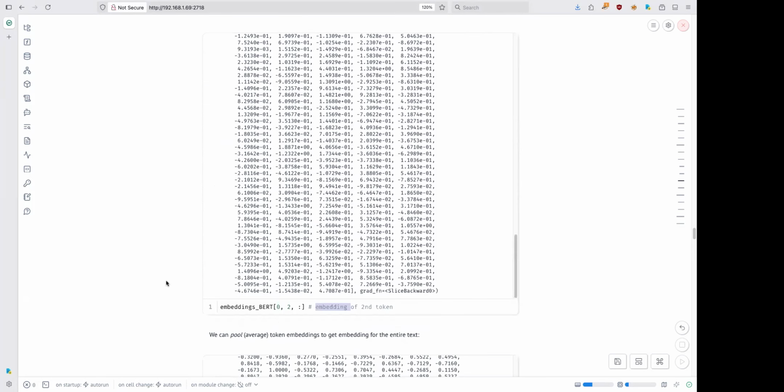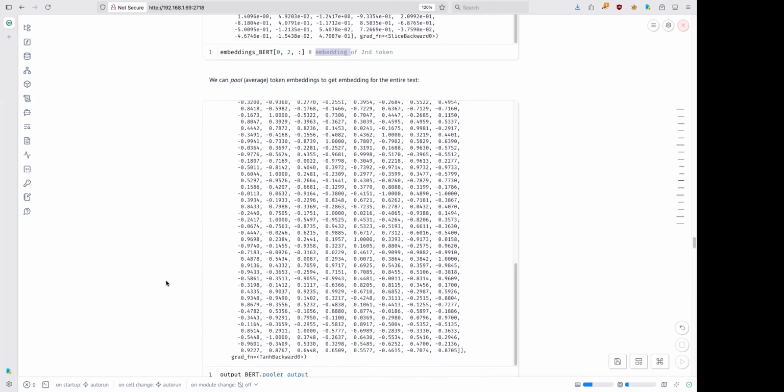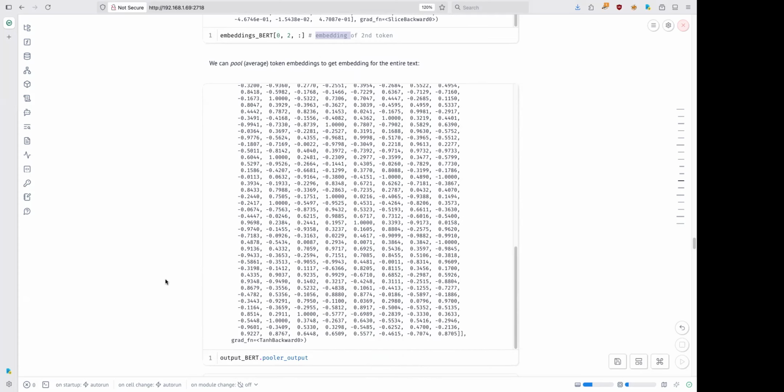Okay, but we may want to represent the same text by just a single vector. Remember that when we discussed embeddings in general, we said that embeddings represent tokens. This is the basic idea. But in the same vein, you can have embeddings that represent entire text.